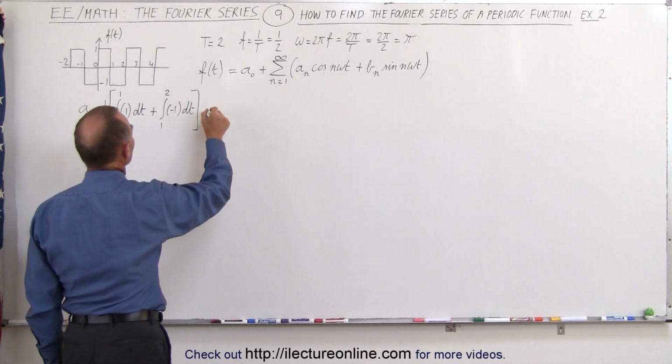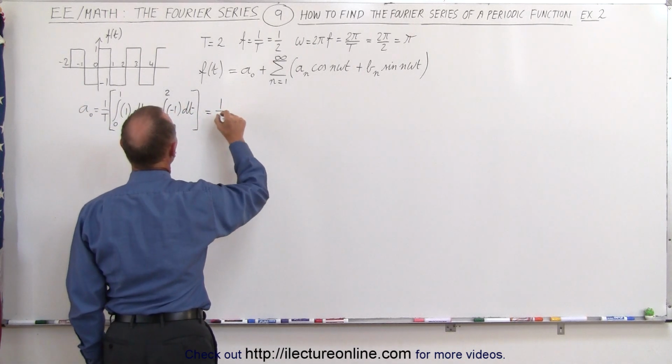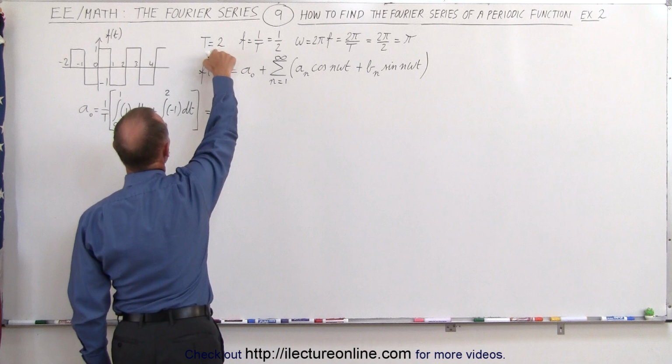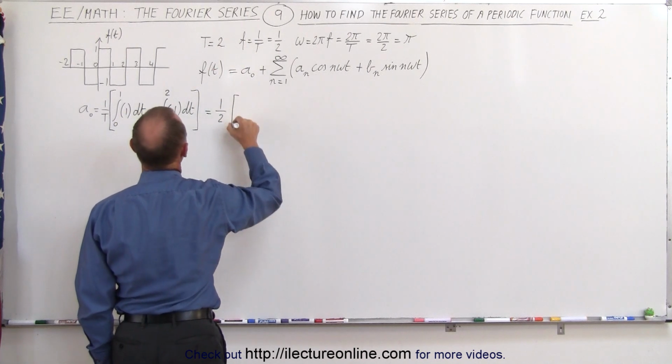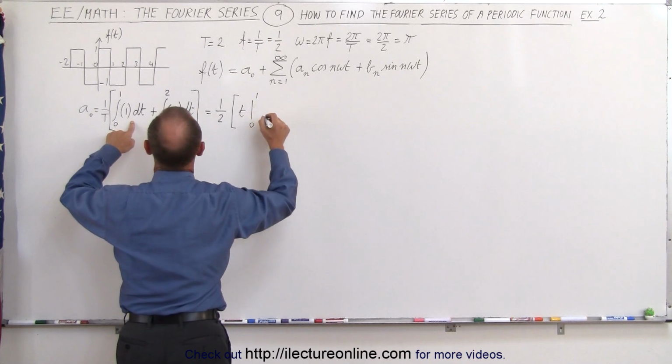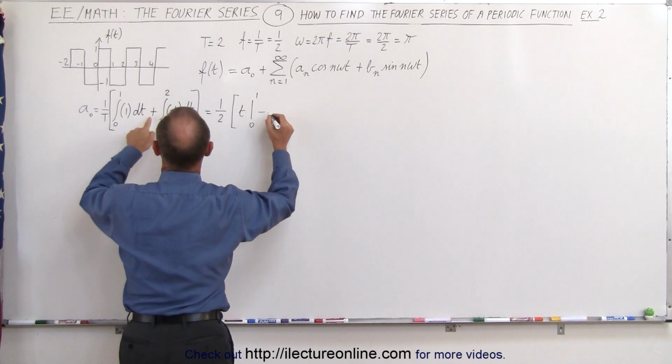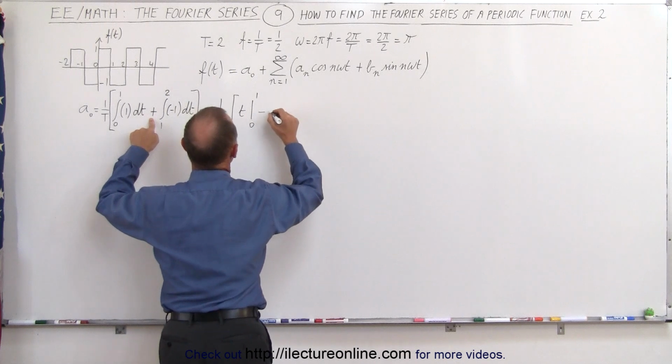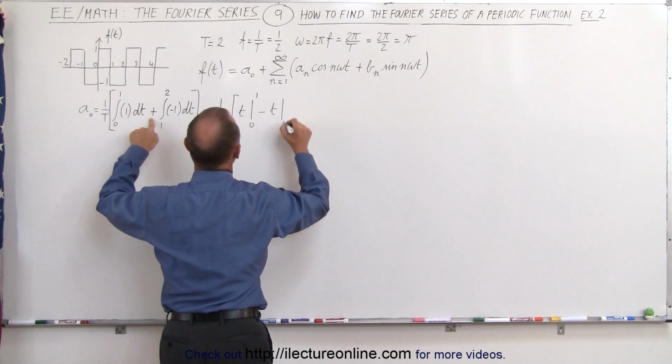The closing bracket here. So this is equal to 1/2, because I'll substitute 2 for the period, times t evaluated from 0 to 1, and minus, because we can factor out a minus here, t evaluated from 1 to 2.